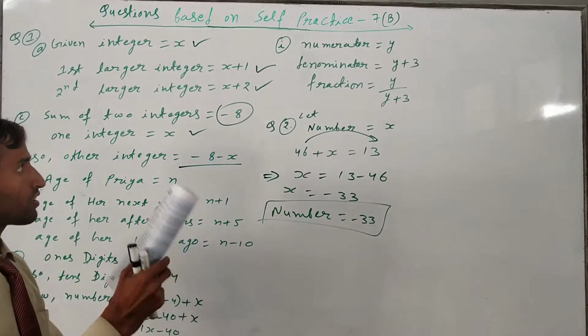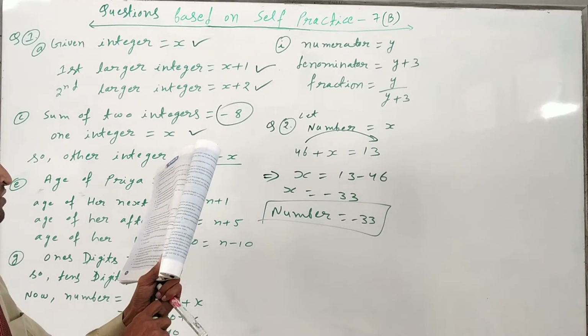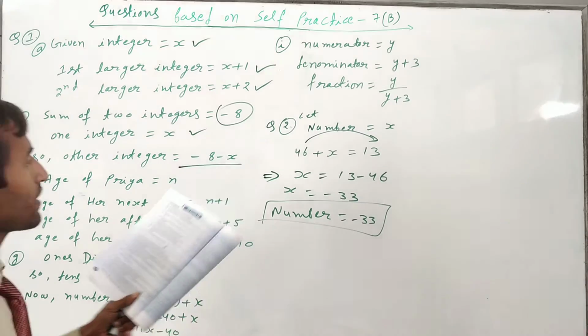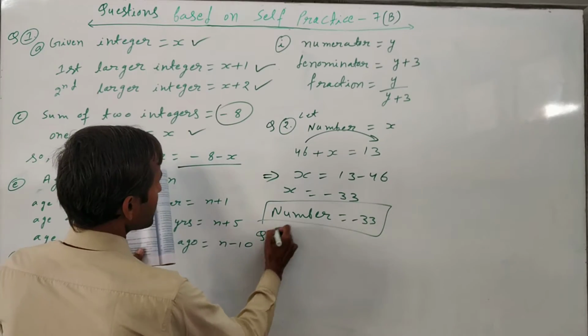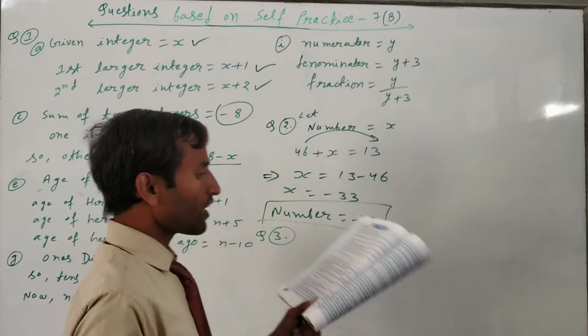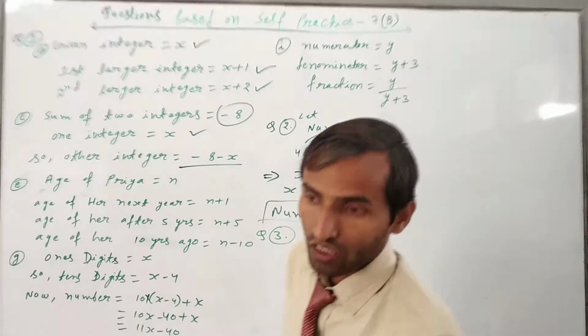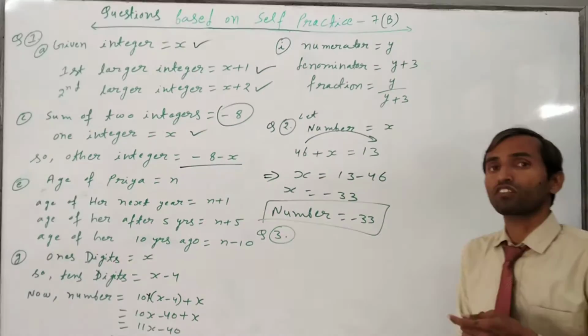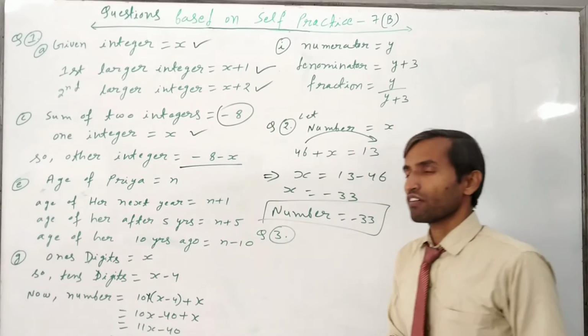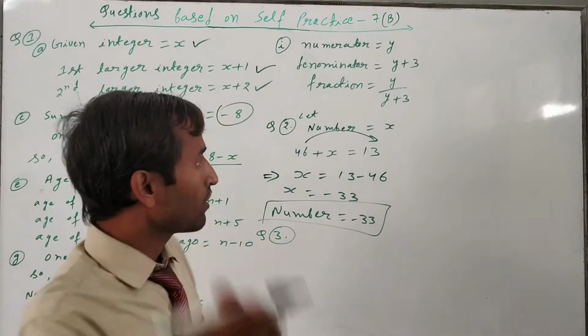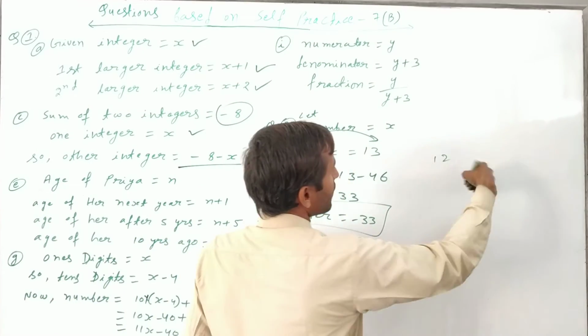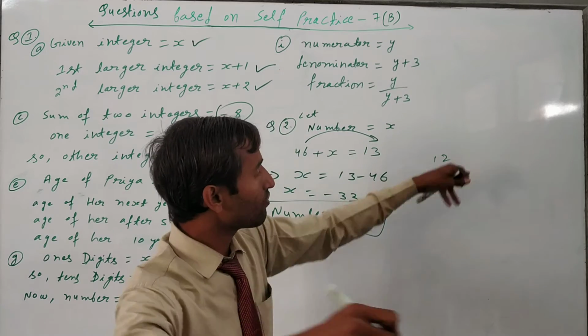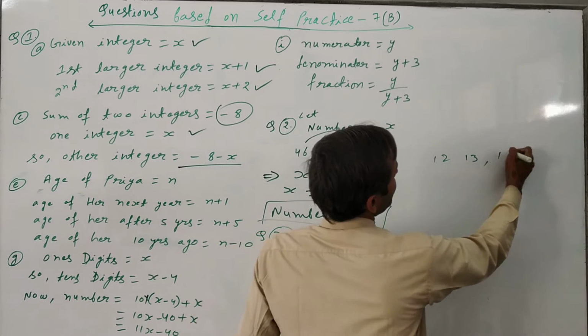Now in question number three, the sum of 3 consecutive odd numbers is 33. First of all, you have to understand the meaning of consecutive. Consecutive means continuous. Suppose one number is 12, then after 12 comes 13, 14, 15.